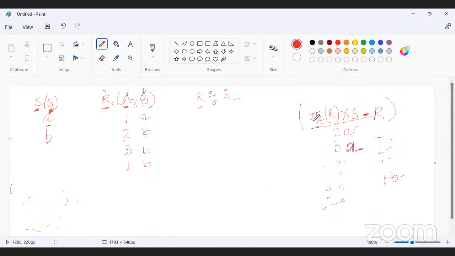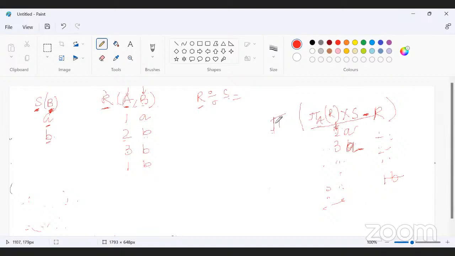Okay, sir, fine. After this, we want to select only the attributes that are not present in S. Whichever attribute is not present in S, that attribute is A, right?